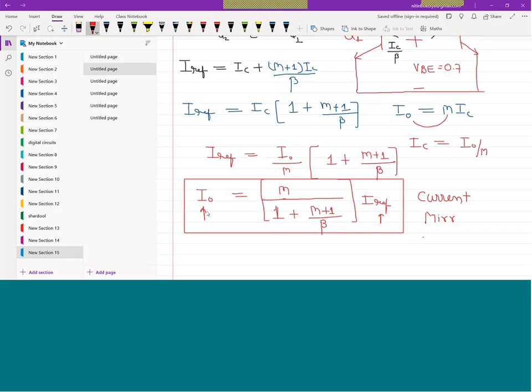Let's see some more circuits which are important for the exam. One more circuit we are looking at is the Darlington pair circuit.